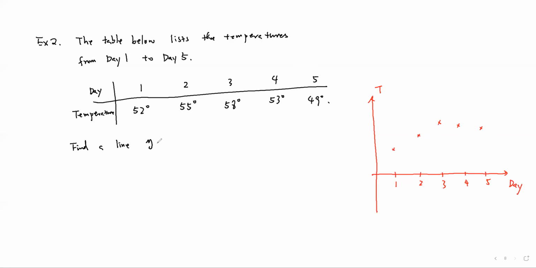Now 5 and 9. The equation is C plus D times T, right? T is time, the units are days. Then best fit the data.